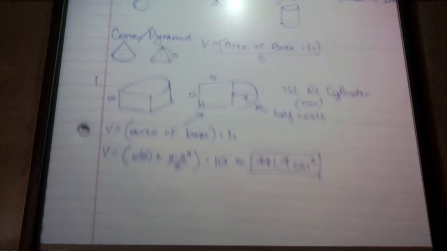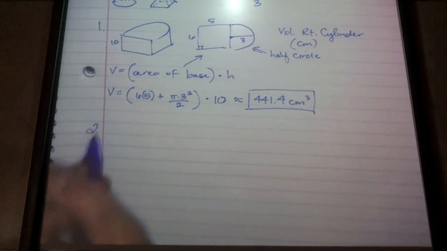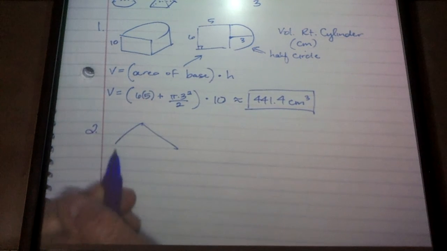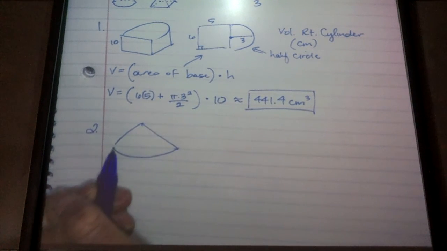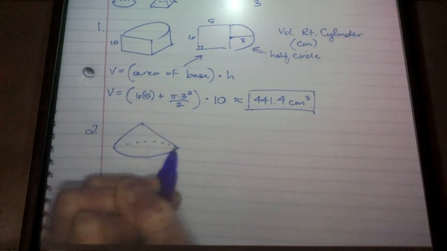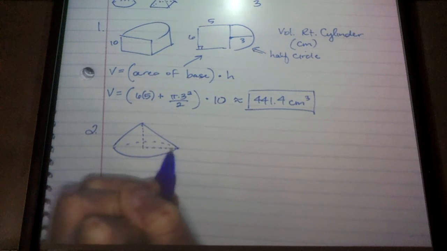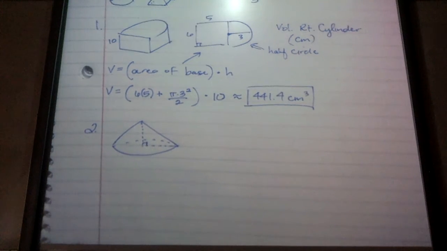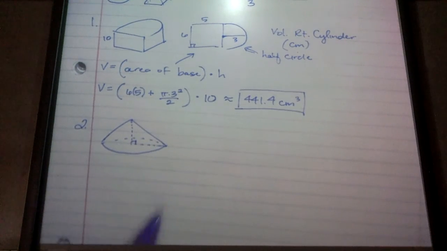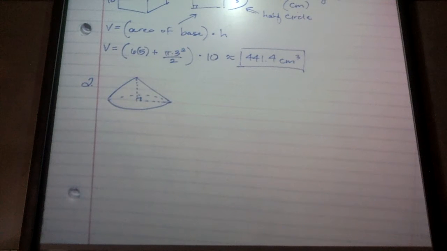Next one. Here is a cone, not drawn perfectly. I'm going to fill in the dimensions though. So here is my cone, and in this specific problem, sometimes they tell us the information and have us work backwards.